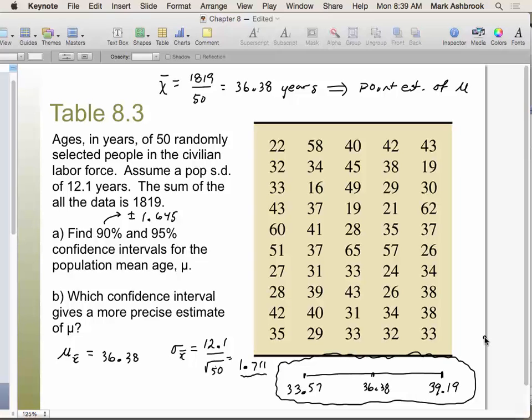Is that what we're talking about here? There's 90% confidence. Confidence of what? The population mean. The population mean is in that interval. We're 90% sure that the population mean is between 33.57 and 39.19. That's what we just found, and that was based on a sample size of 50.